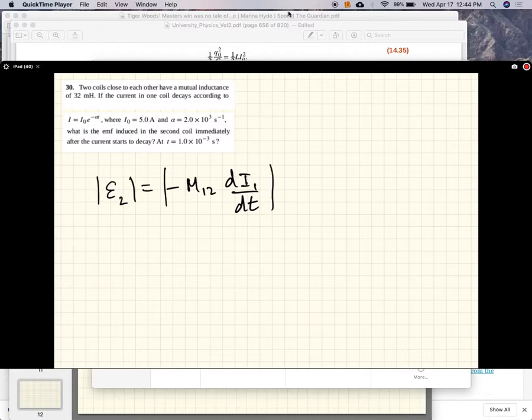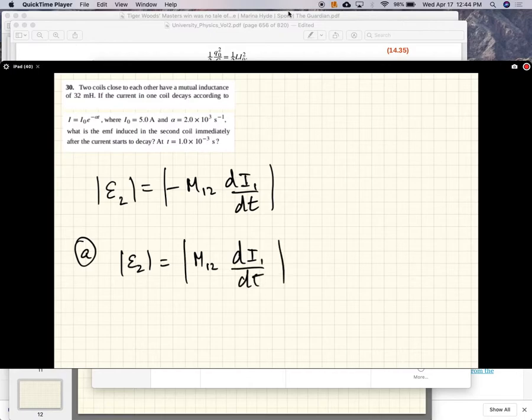All right. So now what does it say? The current in the first coil is I naught times e to the power of minus alpha t. What is the EMF induced in the second coil? So we'll call this part A, and the EMF induced in the second coil is M12 di1 dt.